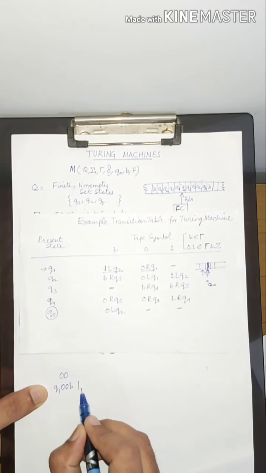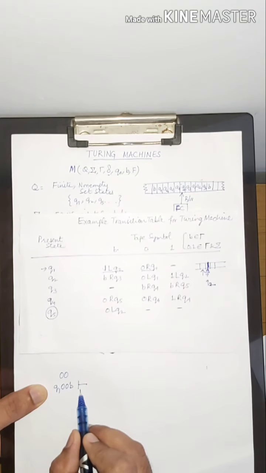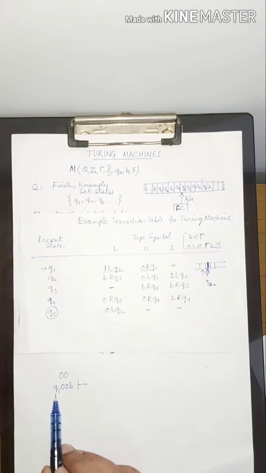As the machine moves, the next move will be indicated by this symbol. So now what will happen? The machine is in the Q1 state and it receives 0, right?